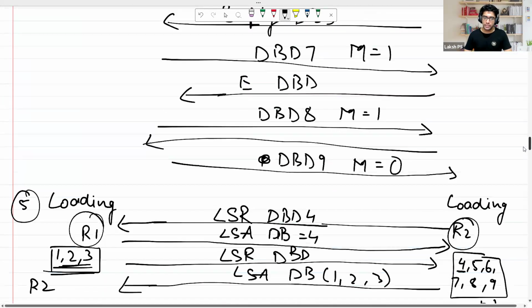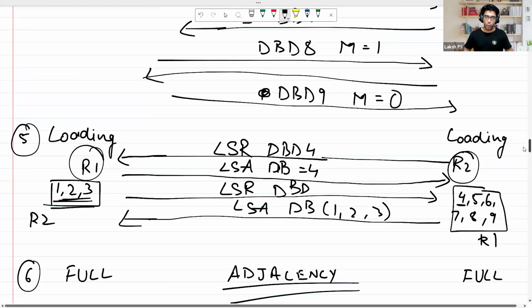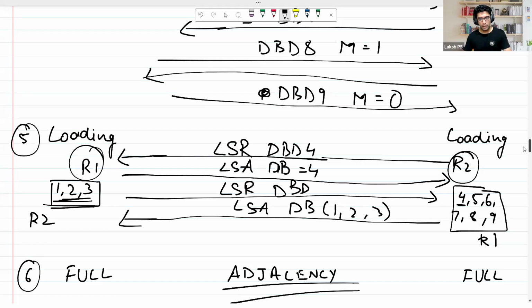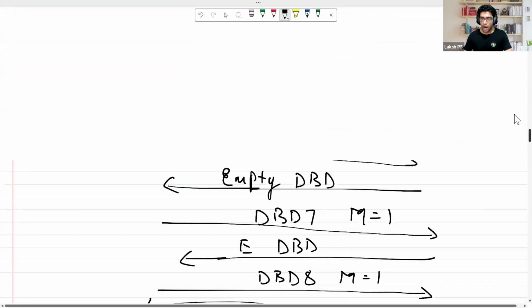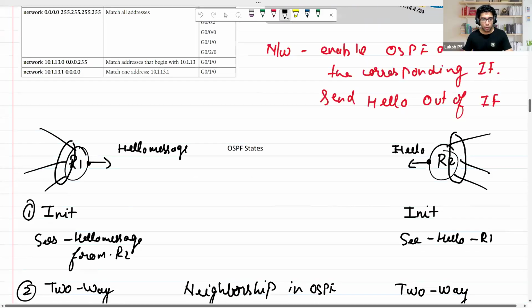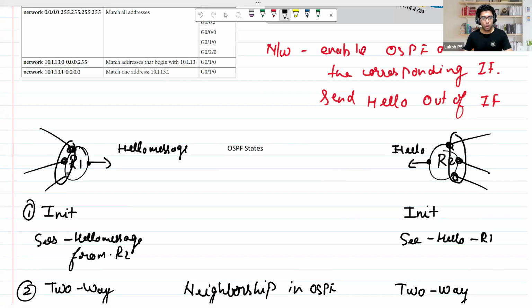Once the DBDs are exchanged, the two routers will go into the loading state, exchanging the whole database. When the whole database is exchanged, they will go into the adjacency state, or full adjacency. So this is what the OSPF states are about. Now, what does it mean that they are in full state? It means that R1 now knows about the links of R2, and R2 also knows about the links of R1.